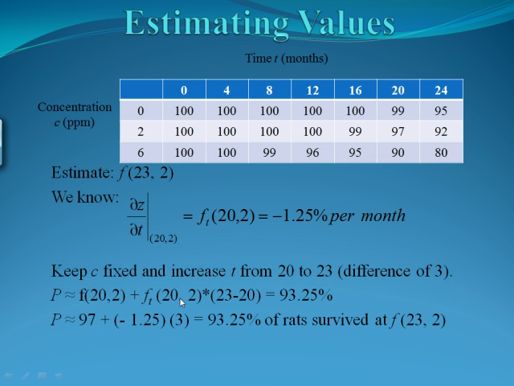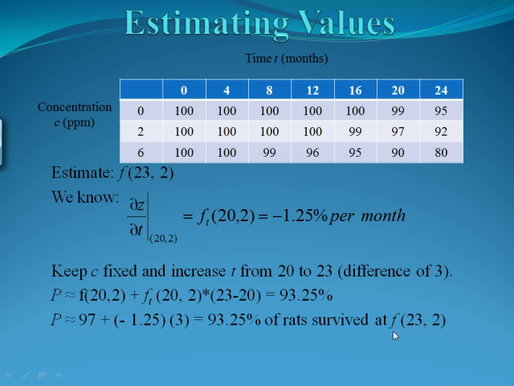So when we plug in these values, we get 97% as our value of f of 20, 2. Our partial derivative at 20 was negative 1.25, so that's how much our function is changing with respect to t, and we've moved 3 units. So 97 plus negative 1.25 times 3 is going to give us an approximation of 93.25% of rats survived at the value 23, 2.